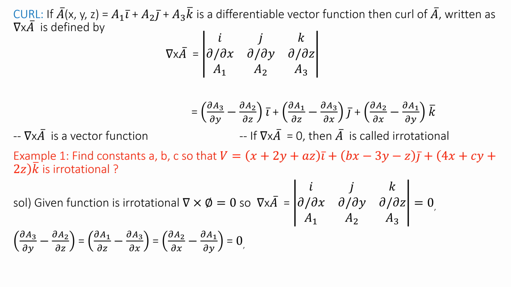So del cross a bar is equal to the determinant with rows i, j, k; dou by dou x, dou by dou y, dou by dou z; and a1, a2, a3. You have to write it in this form.